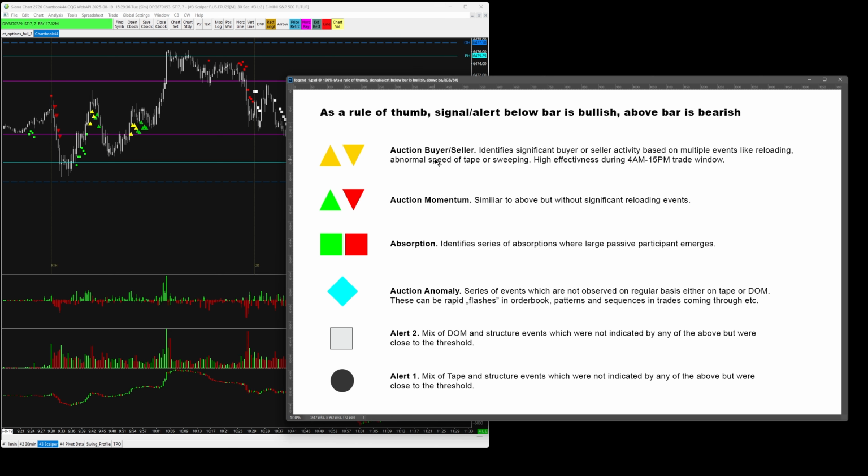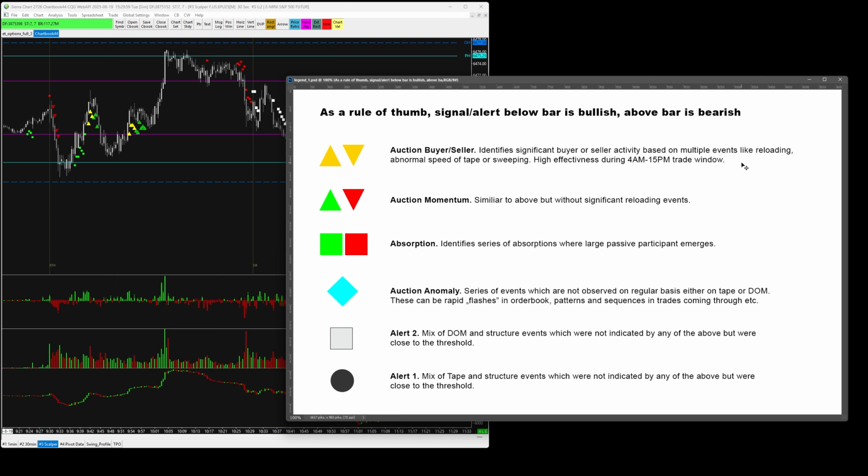Okay, so this thing shows up when there is not just one or two things showing up on tape and in order book, right? Because, as it states here, you have multiple events happening at the same time or in a very short period of time.